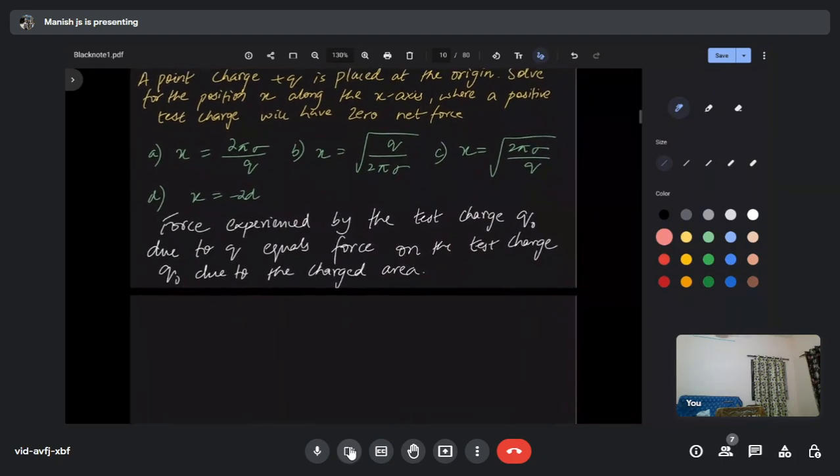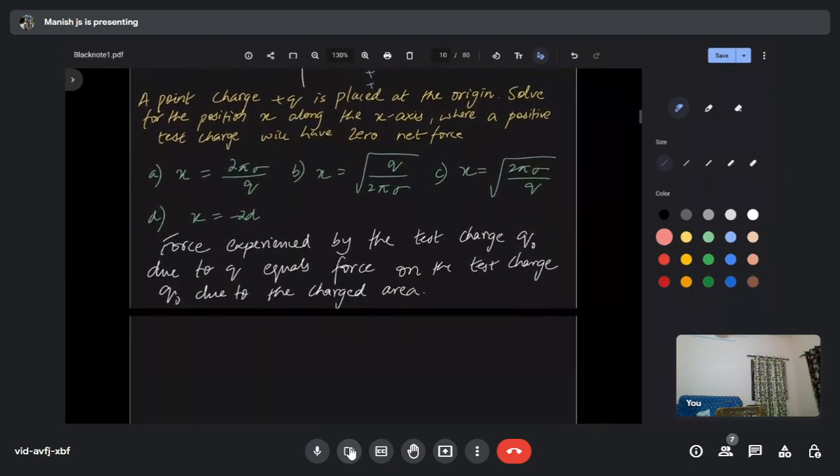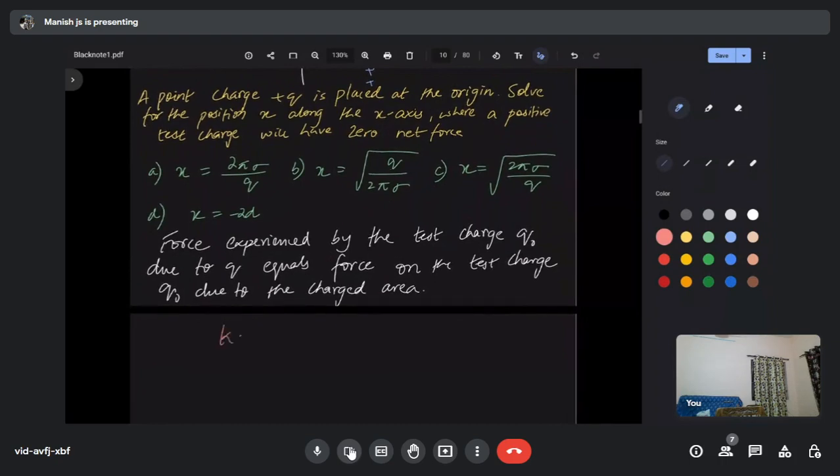So the force experienced by test charge q naught can be expressed as k times q into q naught divided by r square, which here we write as x square, since that is the distance.